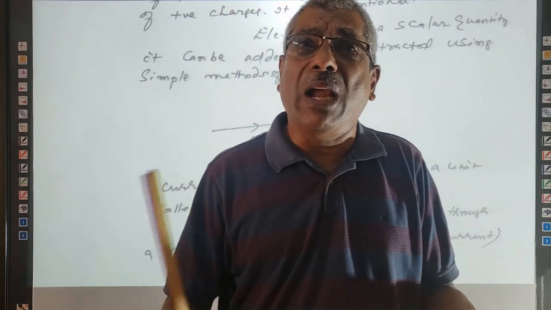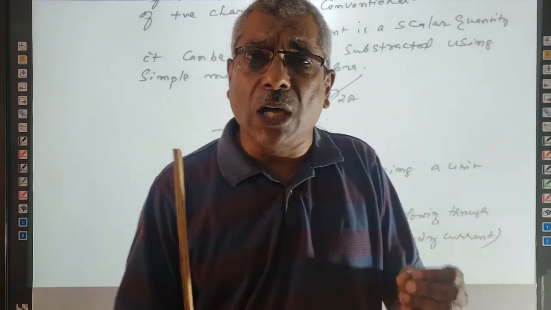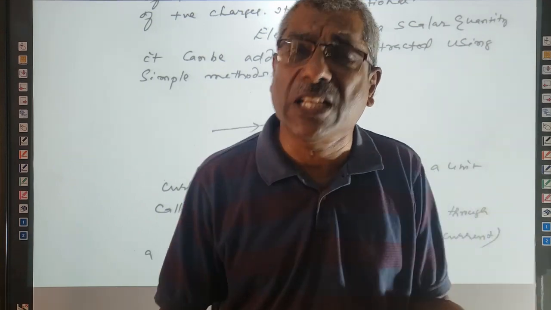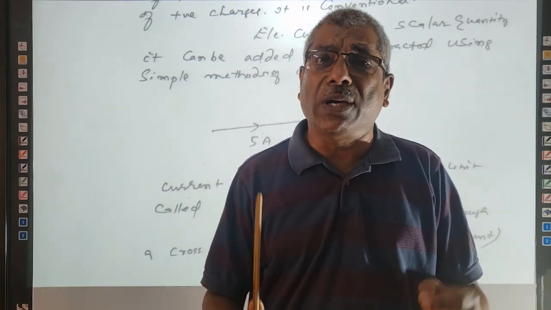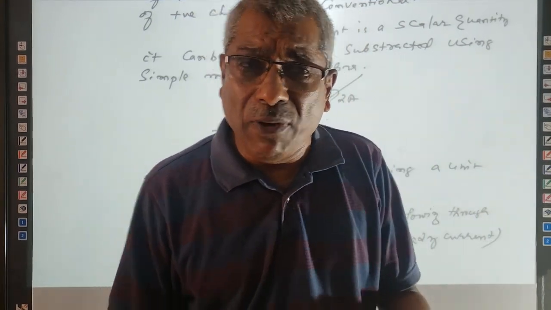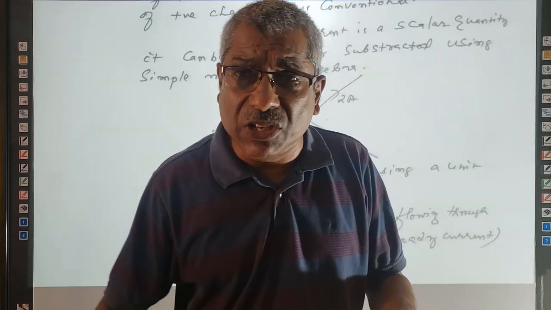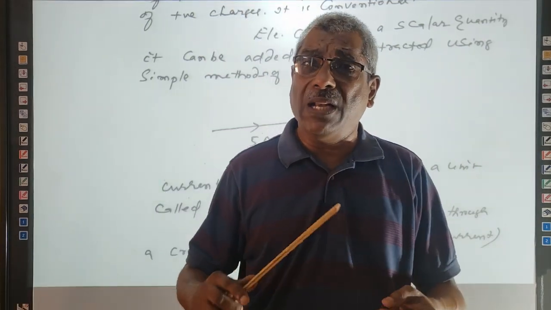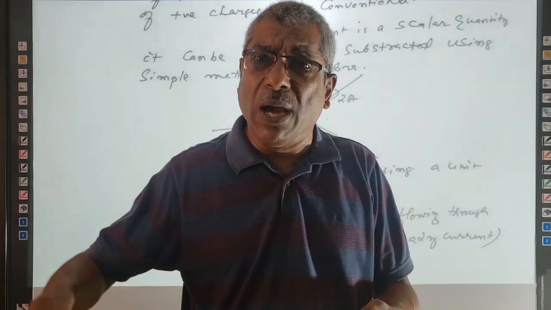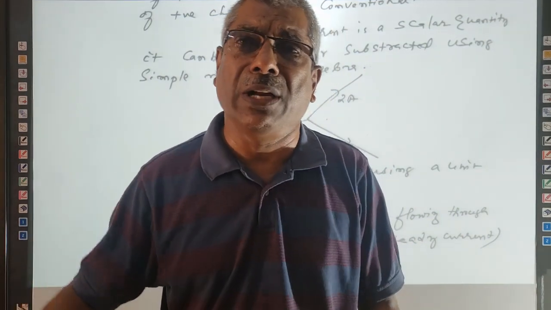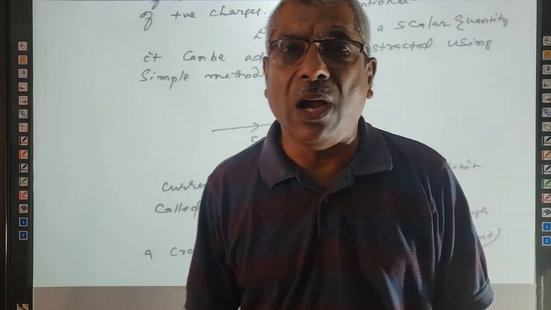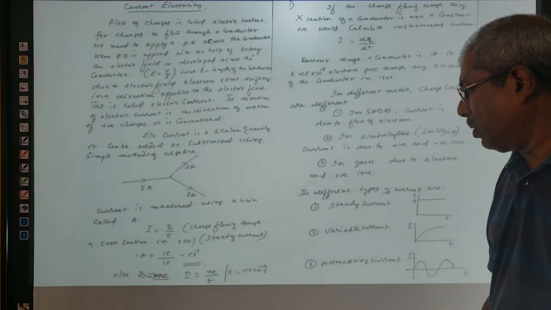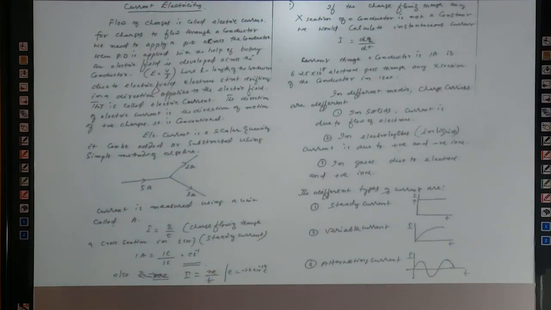If it is not so, and at every instant the amount of charge passing through any cross section of the conductor varies with time, then the current through the conductor is variable. If the magnitude and direction of electric current is changing with time through a conductor, then such a current is called alternating current. So these are the different kinds of currents.